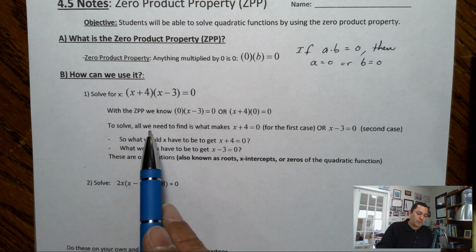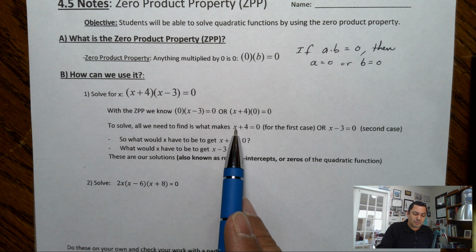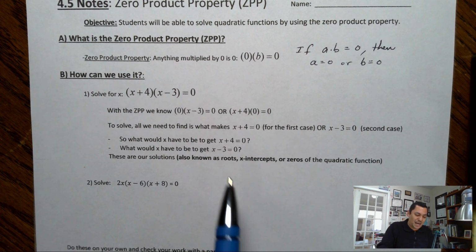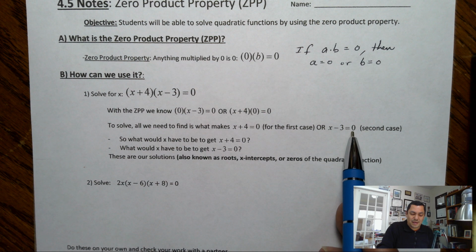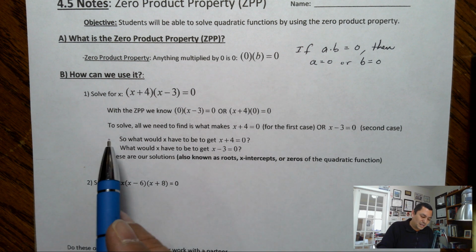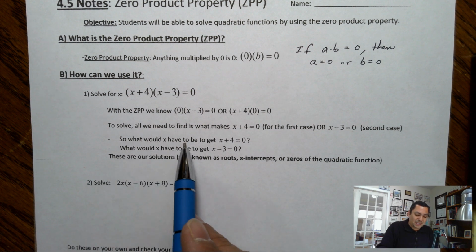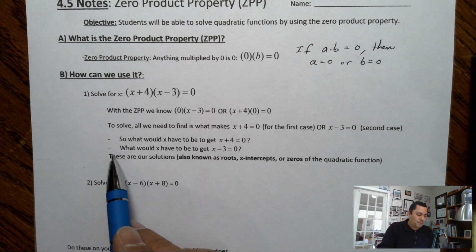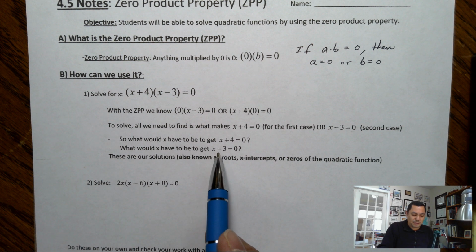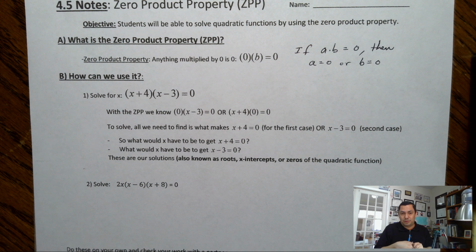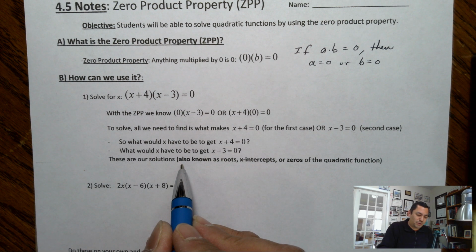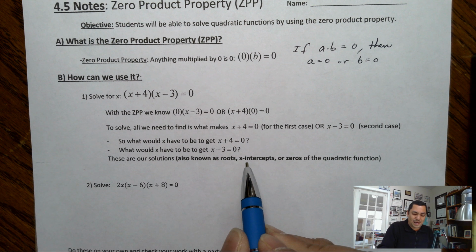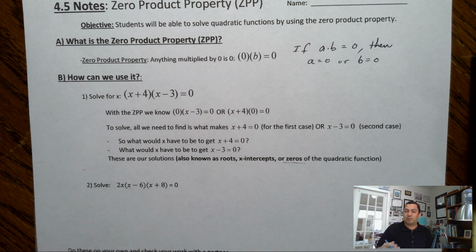So all we need to find is what makes x plus 4 equal to 0 for the first case, and x minus 3 equal to 0 for the second case. That's when we start solving for x. These are our solutions, also known as roots, x-intercepts, or zeros of the quadratic function.